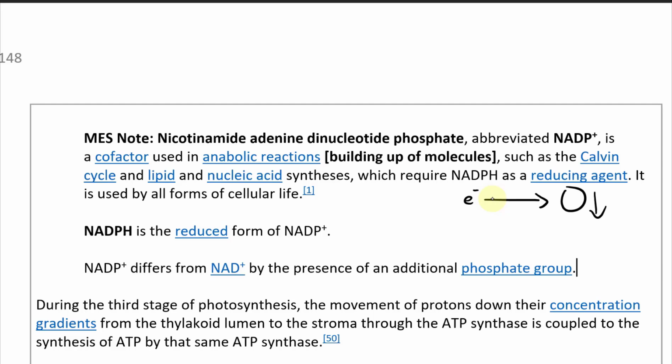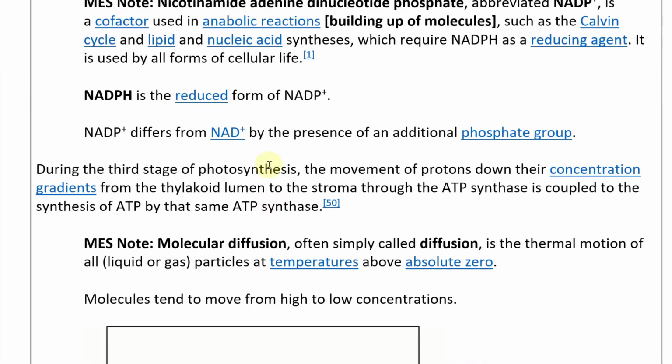And this gets oxidized, because it is the reduced form of NADP+, so it already has electrons and gives them off. So it is a reducing agent: it oxidizes itself by reducing others. It is used by all forms of cellular life. Fascinating stuff. We continue further.